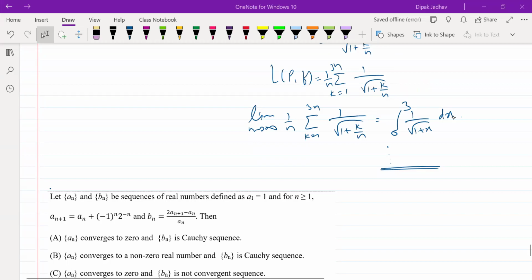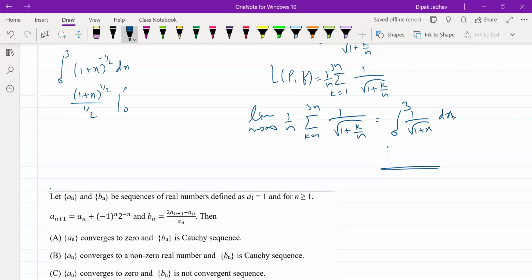What you will get? This will be equal to the integral 0 to 3 of 1 plus x raised to minus half dx. So 1 plus x raised to minus half plus 1, that is half, 1 by half, 0 to 3. 2 times, 3 plus 1, 4 raised to 1 by 2, minus 1 raised to 1 by 2.